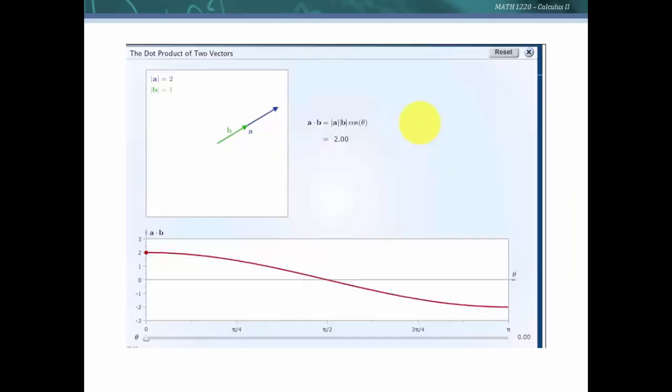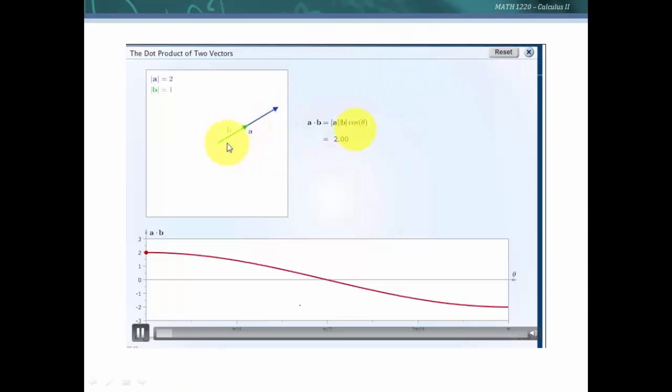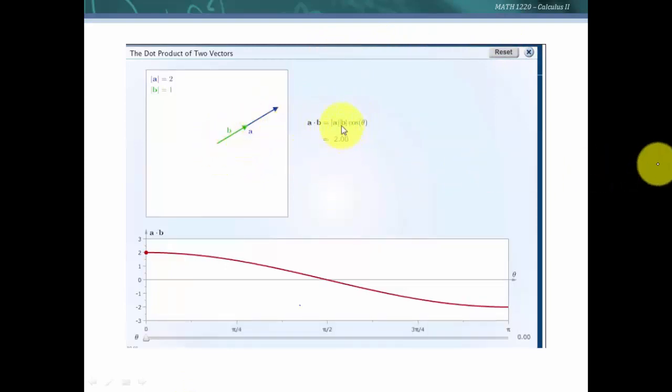So let's go ahead and look at two vectors here. As we look at these two vectors right now, as we look at this right-hand side, we get 2. And that is simply because the cosine is 1, and then we're multiplying them by their magnitudes. Now, as we change the angle between these vectors, watch the dot product.